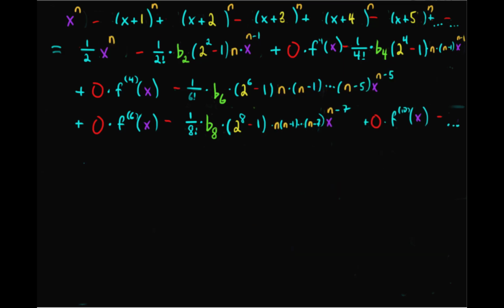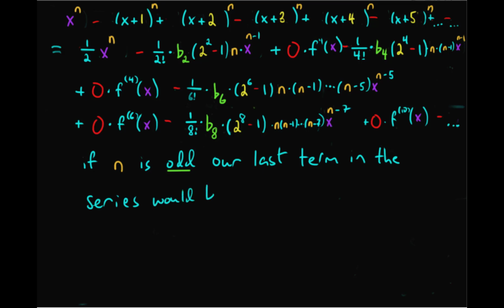So if we start by considering the situation where n is an odd integer, then the last term in our series on the right-hand side of this expression would be negative 1 over n plus 1 factorial times b sub n plus 1 times 2 to the n plus 1 minus 1 times the nth derivative of f of x, f^(n) of x, which is just n factorial.